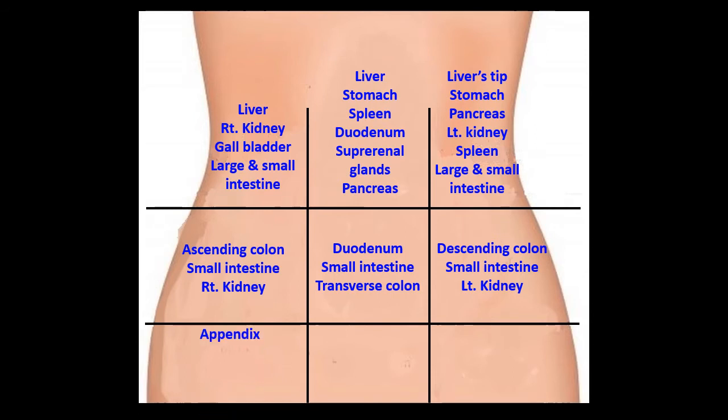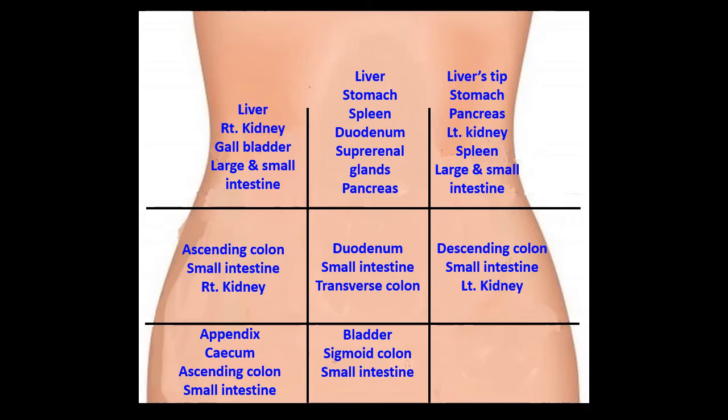In the right iliac region, the appendix, the cecum, and the ascending colon with small intestine. In the suprapubic region, the urinary bladder, the sigmoid colon, the small intestine, and the genital organs, whether male or female. In the left iliac region, the sigmoid colon, the descending colon, and small intestine.